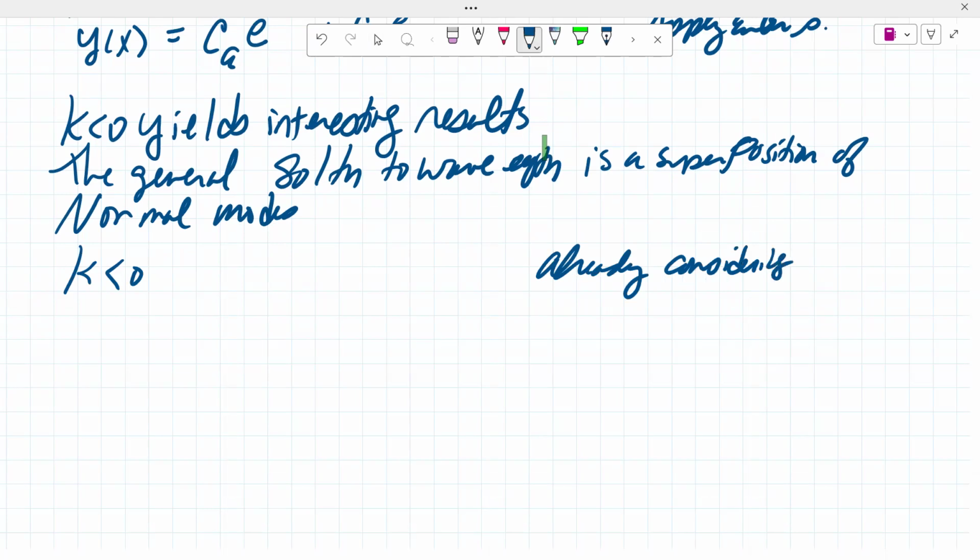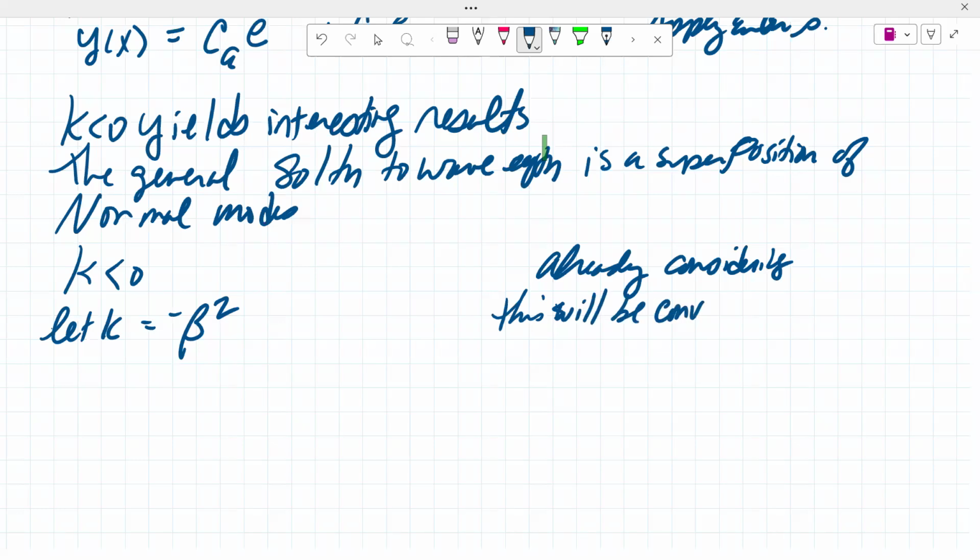In that case, let k equal negative beta squared. This will be for convenience in a moment.